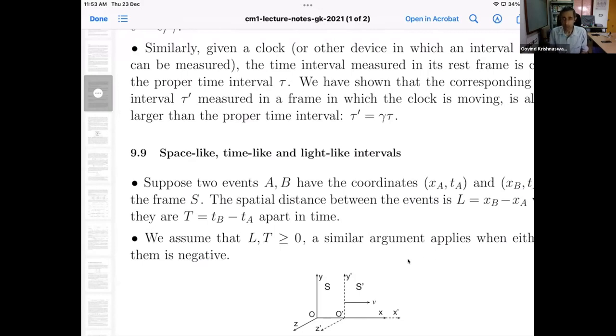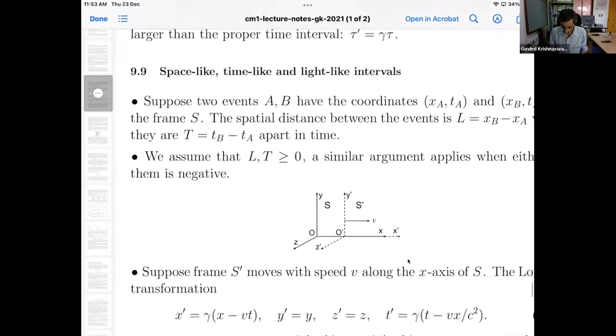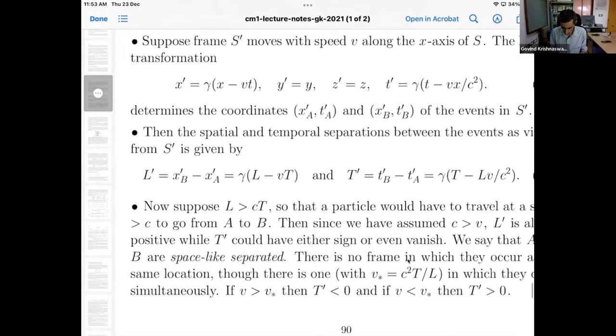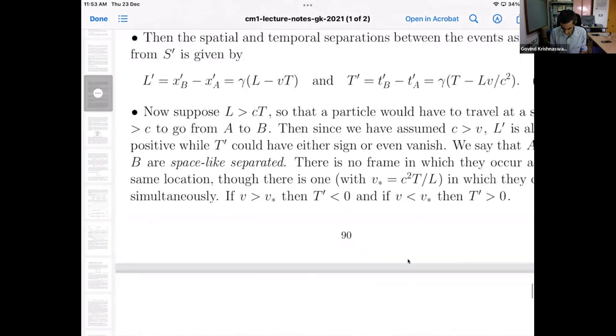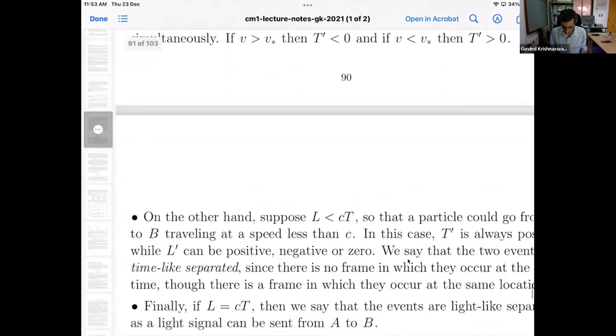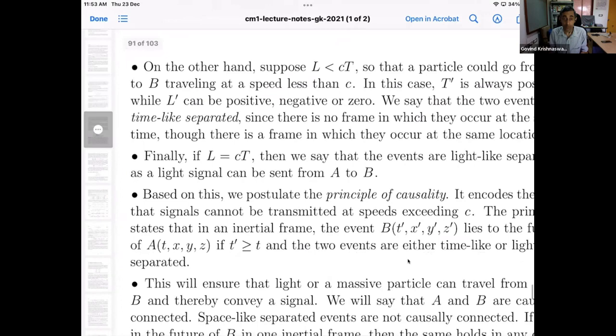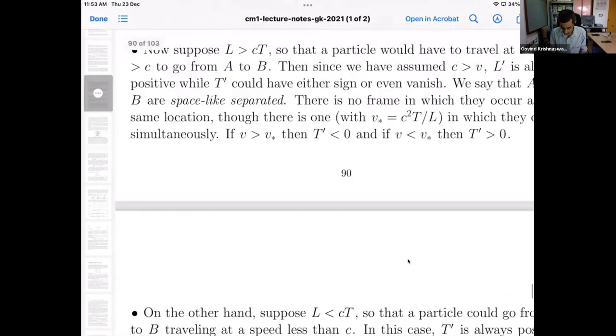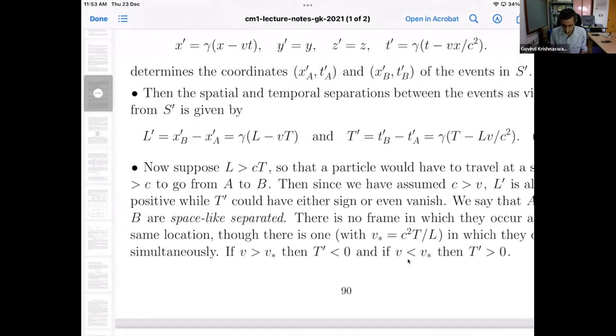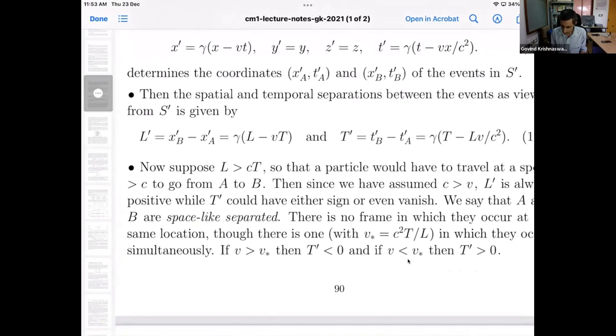So let me go back to where we were before. We had defined what we meant by events, and what we mean when we say that 2 events are space-like separated.